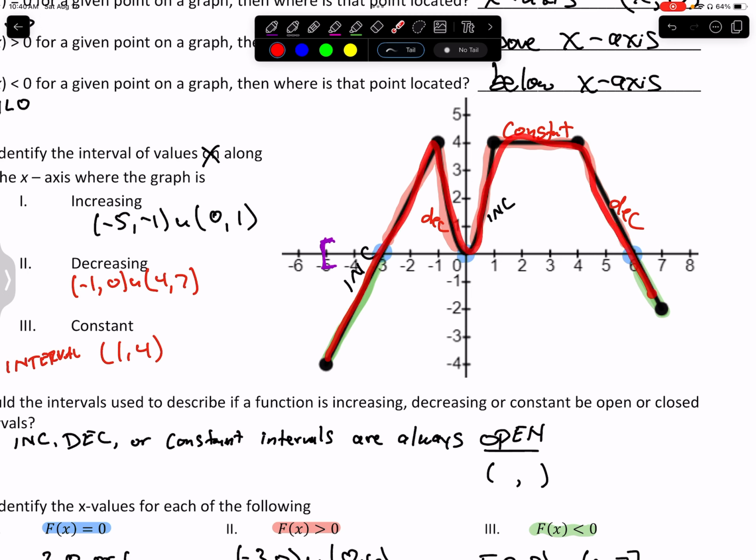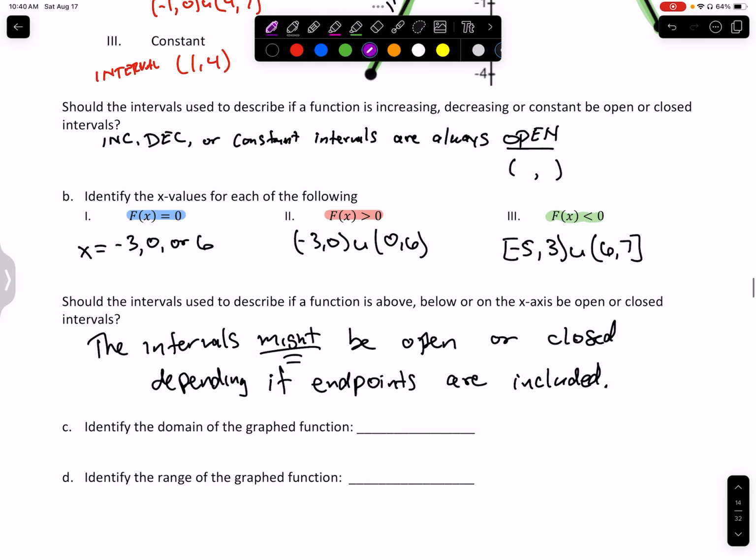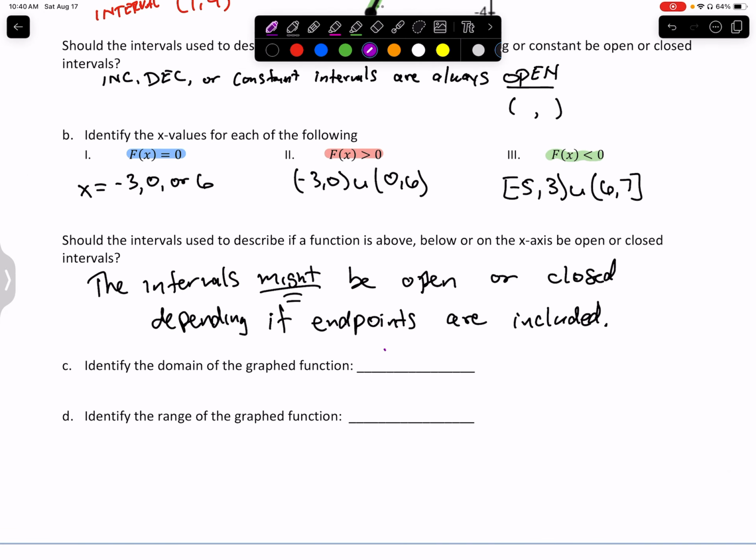If there's no breaks in the graph, then that means the domain is going to be everything along this x-axis until we get to the end of the graph, which is at 7. Long story longer, the domain for this is -5 inclusive to 7 inclusive.